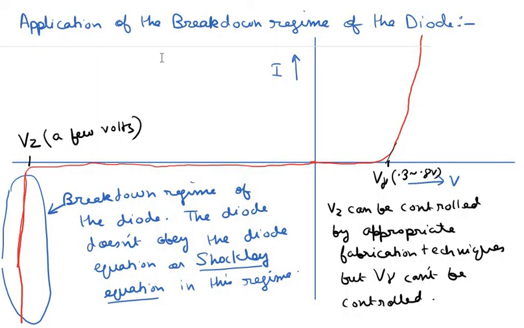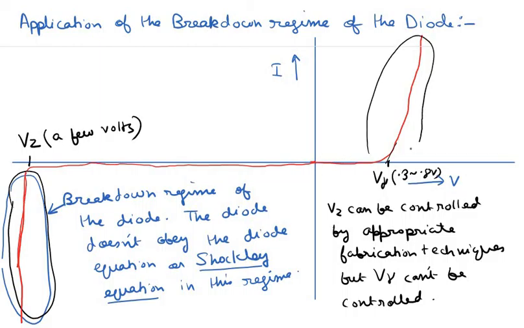On the other hand, it is possible to make Vz or the breakdown voltage minus 10 volts instead of minus 5 volts. So Vz can be controlled by appropriate fabrication techniques, but V gamma cannot be controlled. And the second point is that these characteristics in the breakdown regime are sharper compared to the characteristics in the forward bias regime beyond the cut-in voltage.